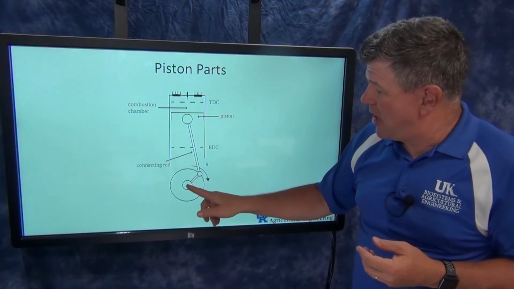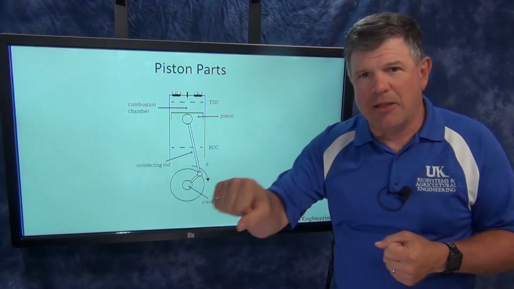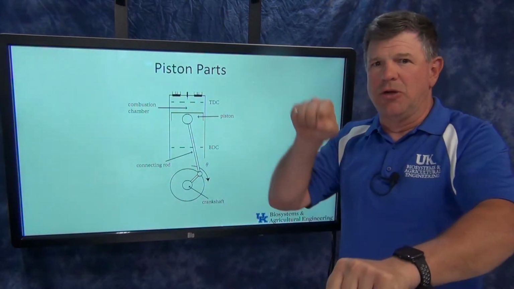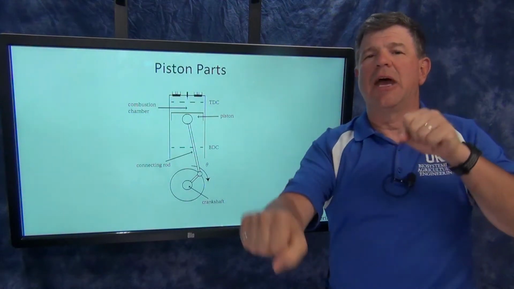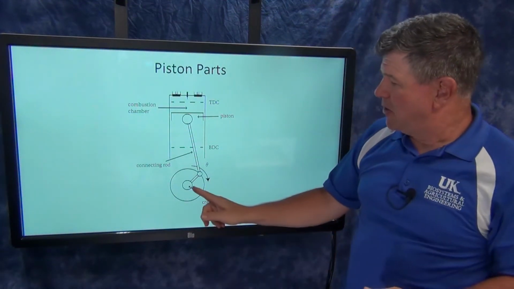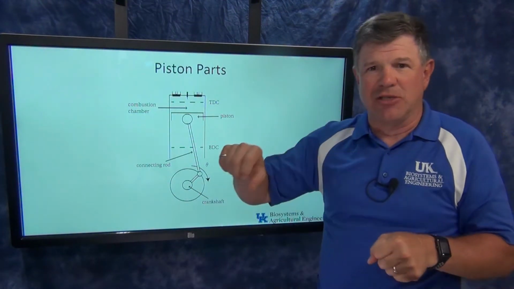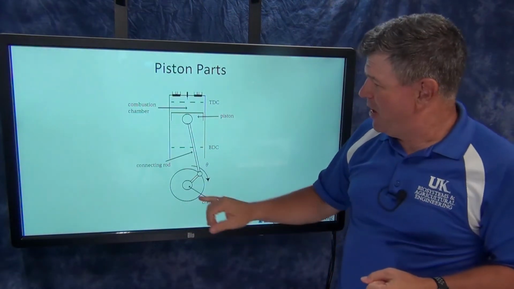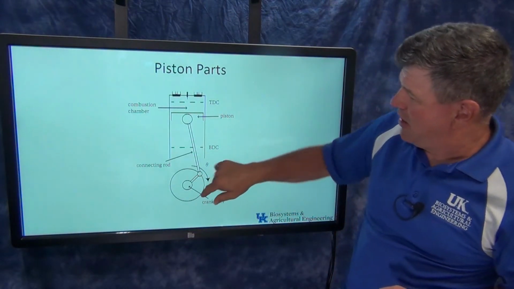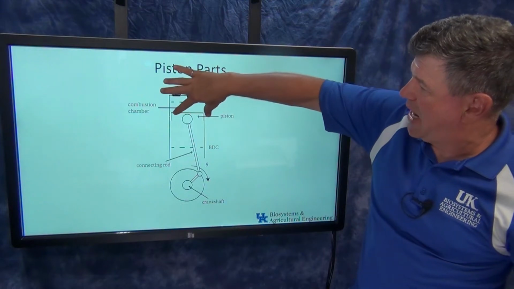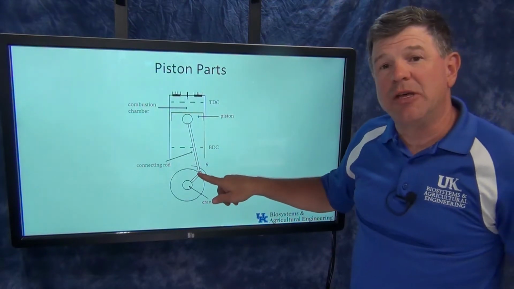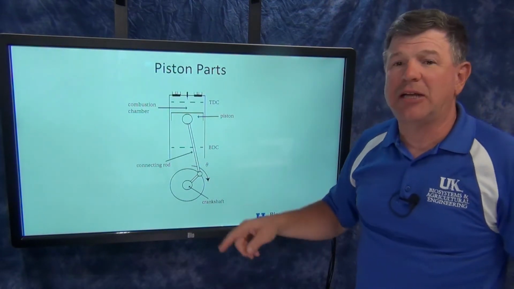So that rotating shaft has an offset in it, like the pedal on your bicycle, so that you can get that thing rotating and get that crank action going, okay? So that's why we call this a crankshaft, because it's kind of got that crank on it that rotates. And so you've got this offset here. Now this main part that connects the piston down to this crank is what we call the connecting rod.